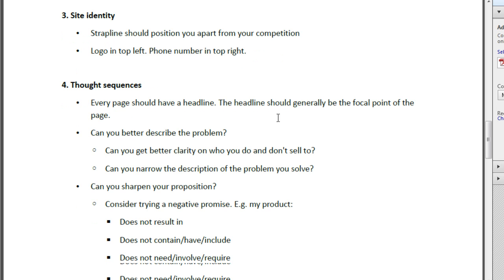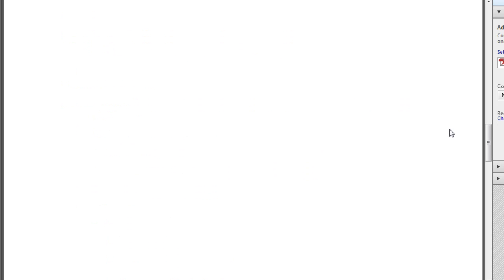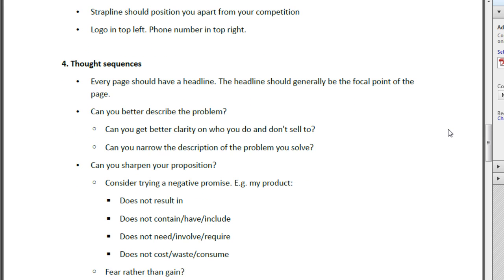The first thing, I feel quite strongly about this, so in these things there's often grey areas, but I do genuinely think that every AdWords landing page should have a headline. David Ogilvy, who was one of the greatest ad men of the 20th century, once described ads that don't have headlines as headless wonders, and the same is true of your AdWords landing pages.